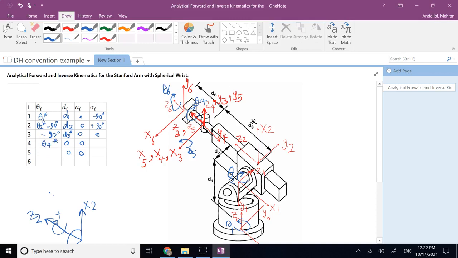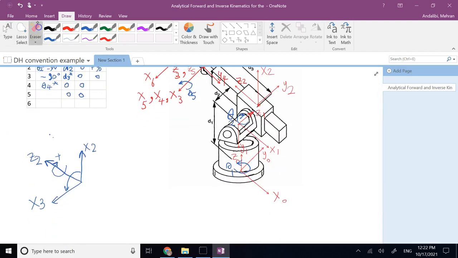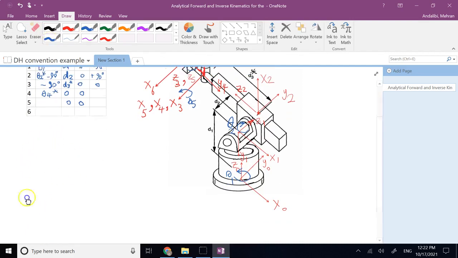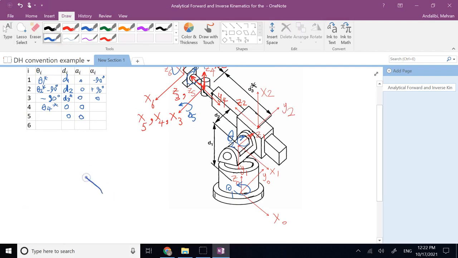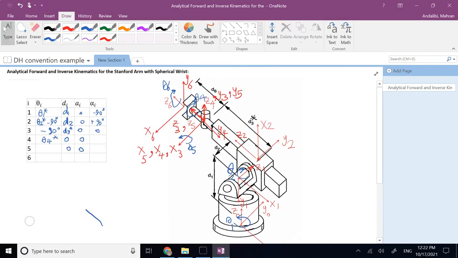What about the z's? Well, z3 and z4 are not aligned. So we need to align that here. And here, if you look, your z3 is this way, and your z4 is upward, right? So that's your z3.